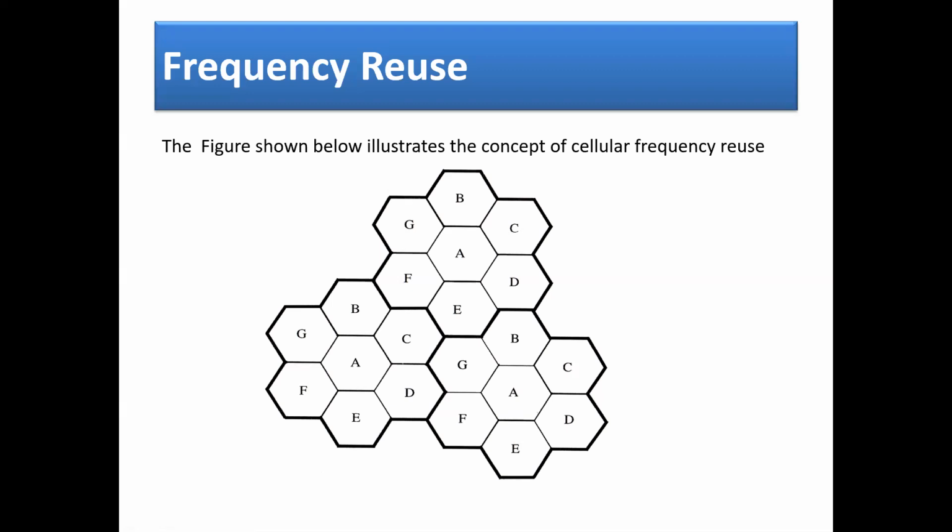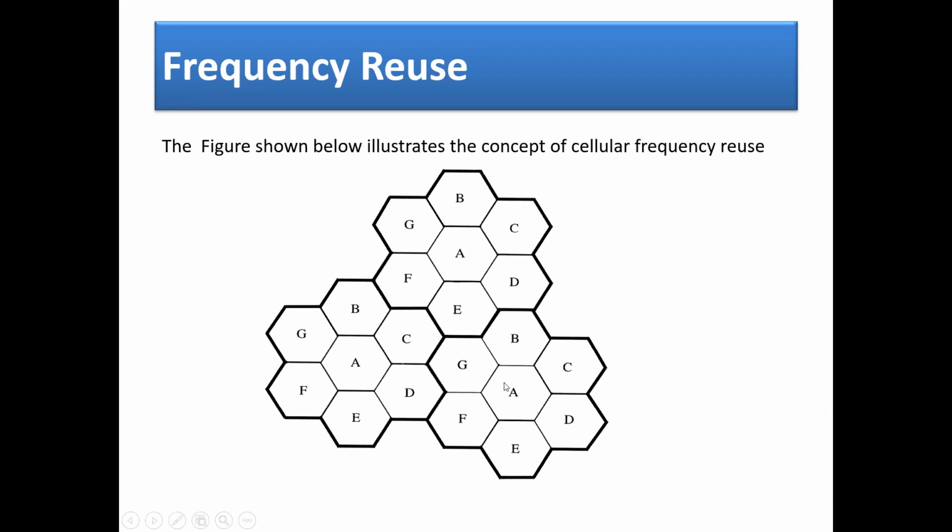Why? Due to the local power distribution. Of course, the same will be done with B, B, B, and C, C, C, for all the cells in the system.